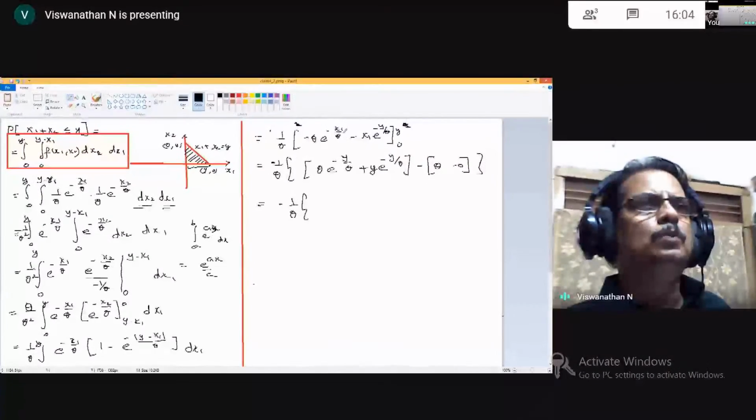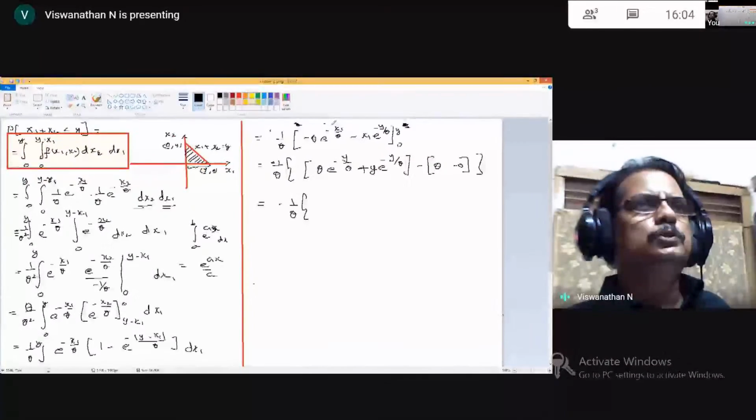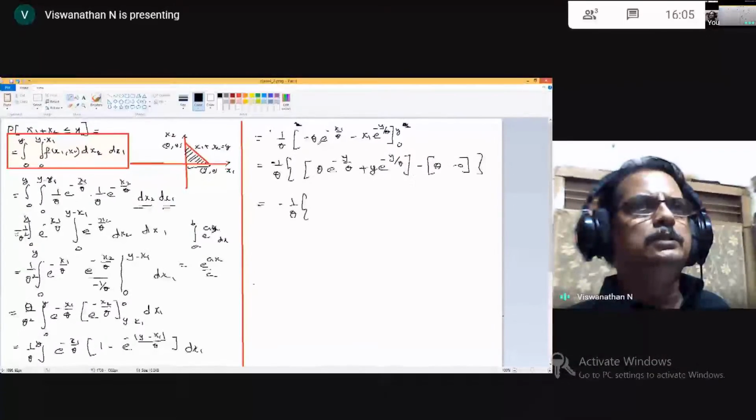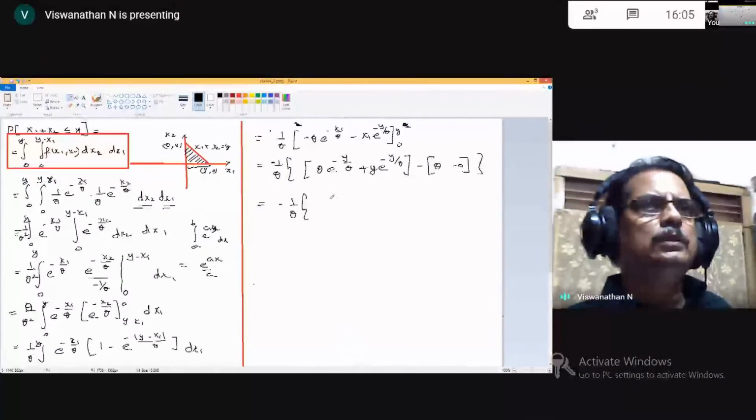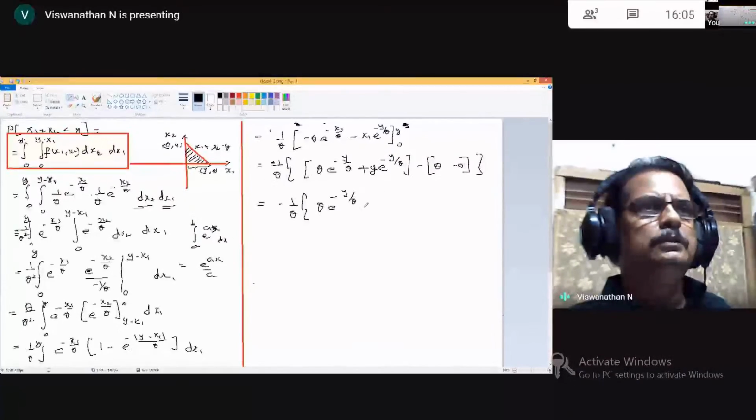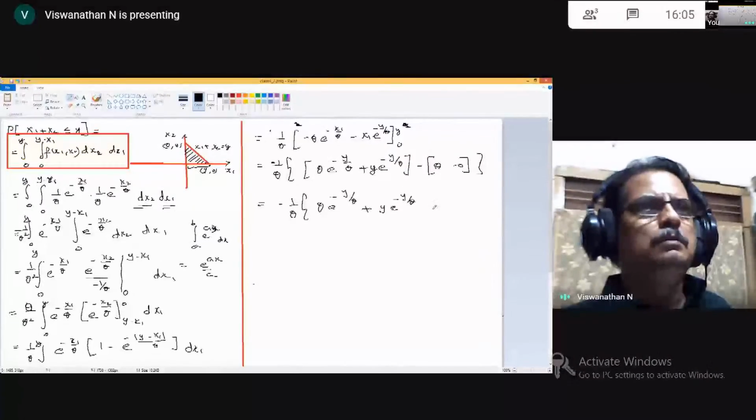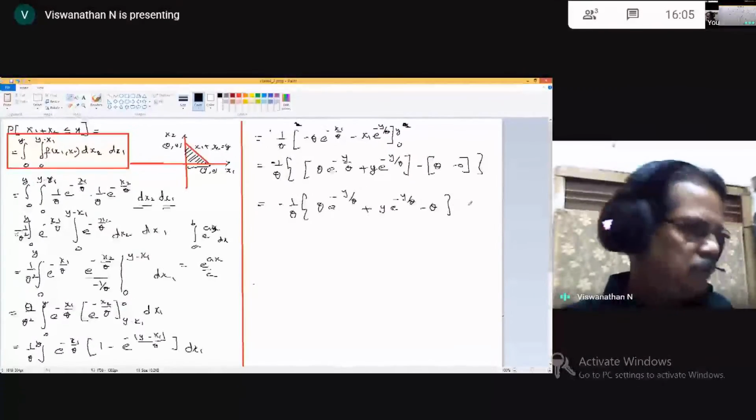Here we are substituting y. Here also we are substituting y. In the lower limit, when we substitute 0 here, I am getting theta. This is fine. So I have theta e power minus y by theta plus y e power minus y by theta, and then we have a minus theta. I have not taken common, that is one particular thing. Let me check once again.